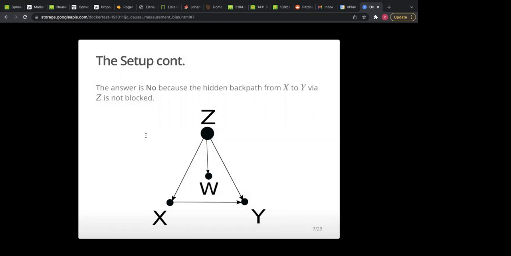So imagine W is completely unrelated to Z, right? Let's try to take an example. Let's say X is you're smoking, Y is you get cancer, and Z is a confounding variable. Say Z is, does the person live in a region where people smoke a lot?